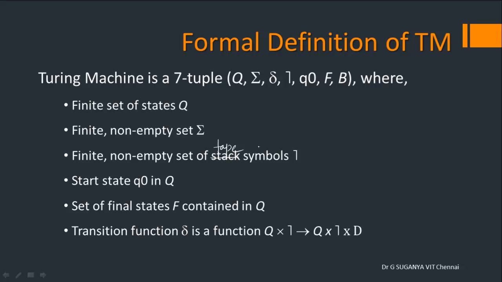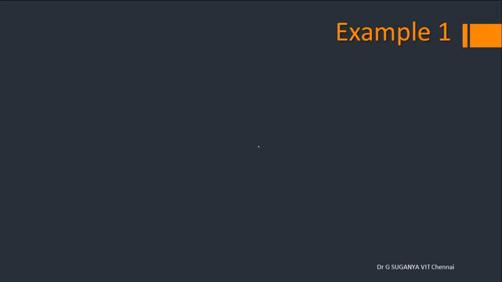You have a transition function, a mapping from the current state and a tape symbol to a destination state, a tape symbol, and the direction of movement. Finally, the tape is represented using blank cells, which is B. This is the formal definition of a Turing machine.